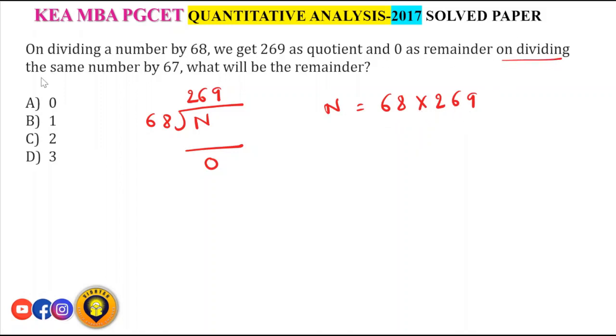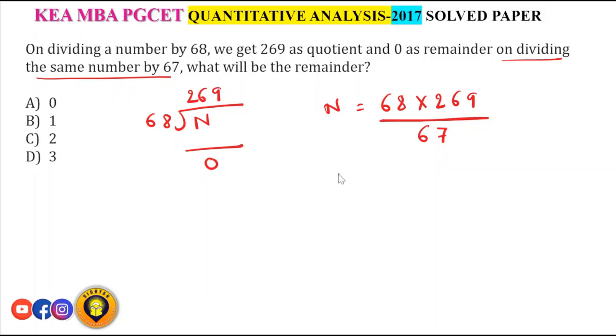Now what you have to find? On dividing the same number by 67, that means this number, if you divide it by 67, then what will be the remainder? So how can you do? If you multiply this and then go to division, it will become lengthy.